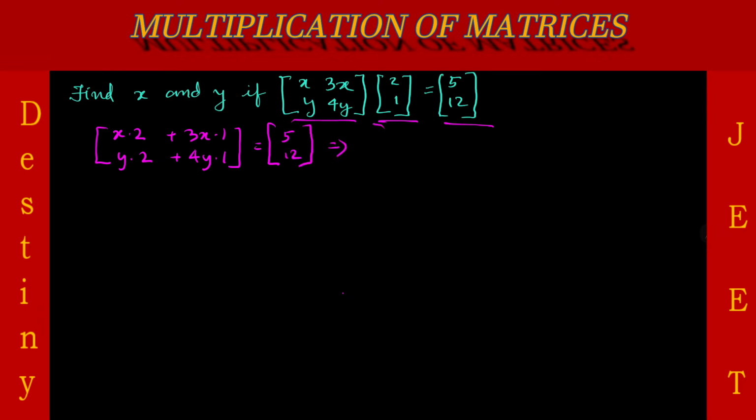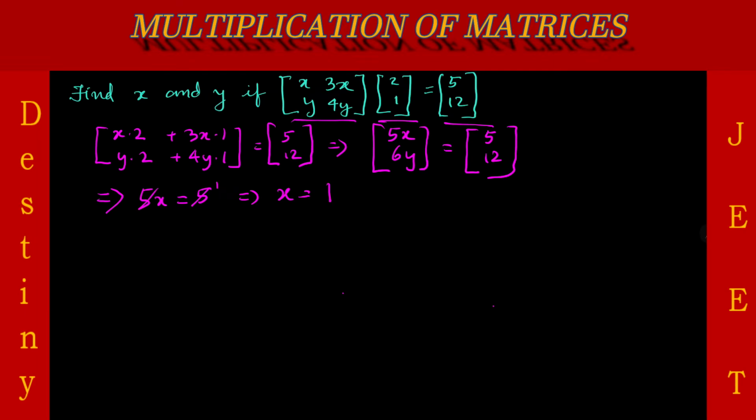This will give you, after simplification, 5x, 6y, and then you get 5, 12, and hence we get 5x is equal to 5, and from that we get that x is equal to 1, whereas 6y is equal to 12. We get y is equal to 2, and hence we get our answer.